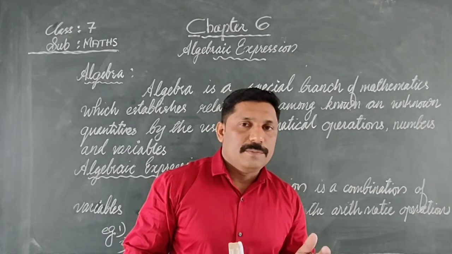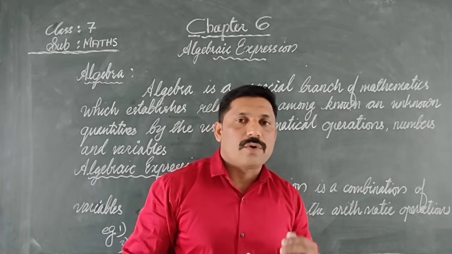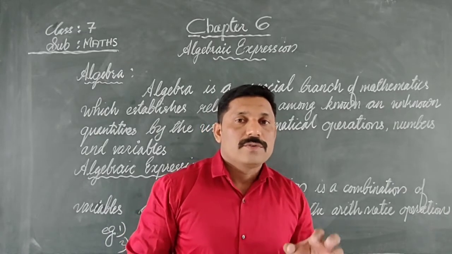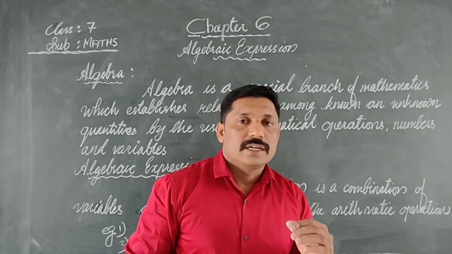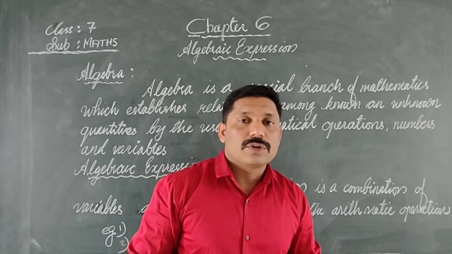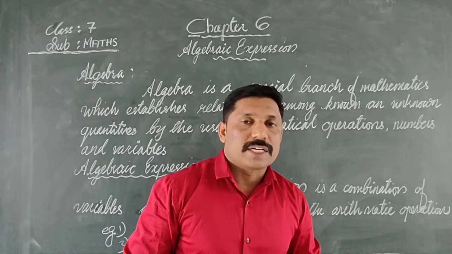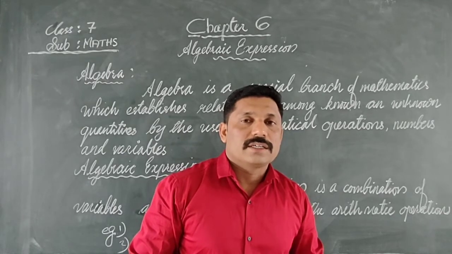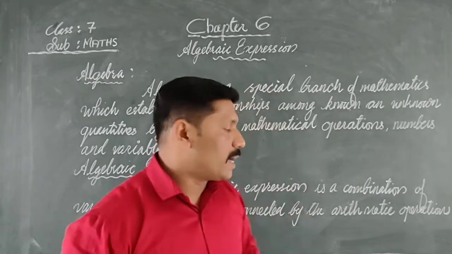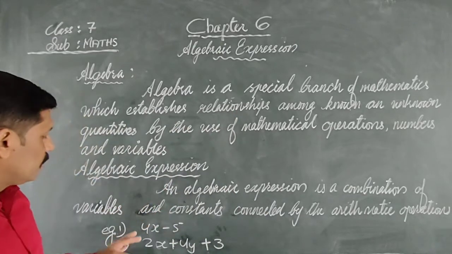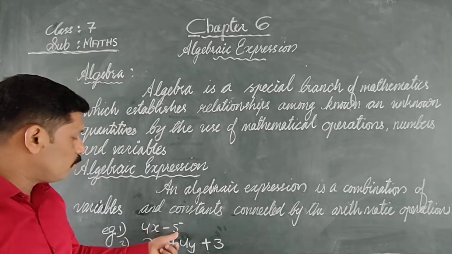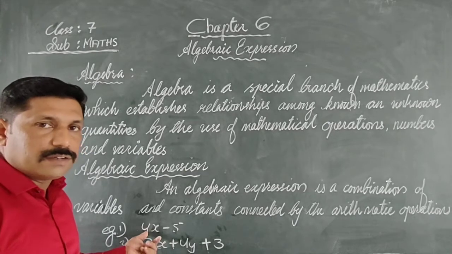So constants and variables, we combine with each other. It is a combination. An algebraic expression is a combination of variables and constants by the use of the four arithmetic operations like addition, subtraction, multiplication or division. That is called an algebraic expression. Example, here you can see 4x minus 5. Here the constants 5 and 4, their values are fixed.